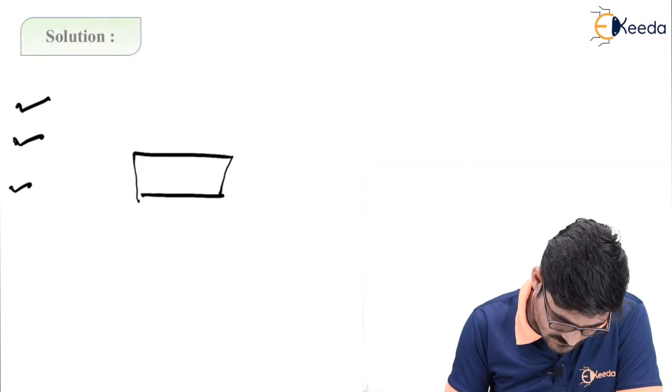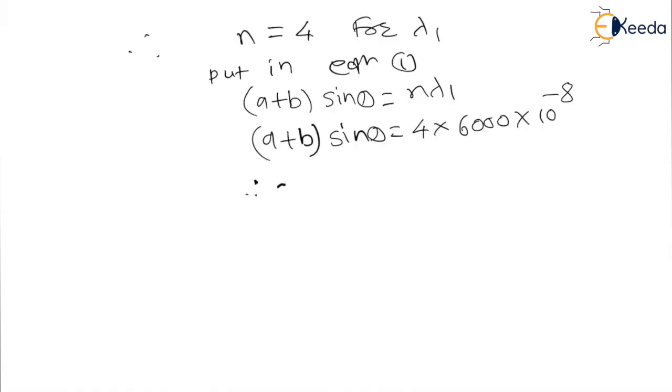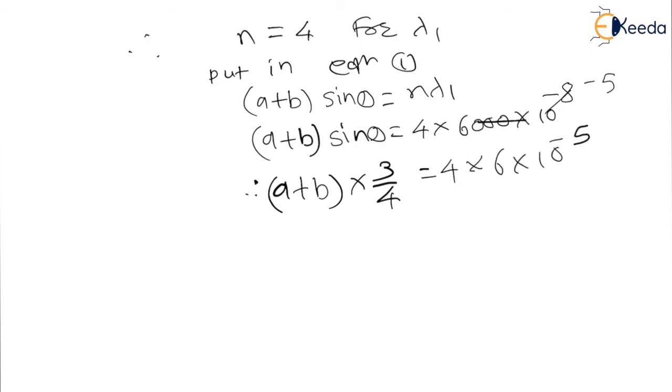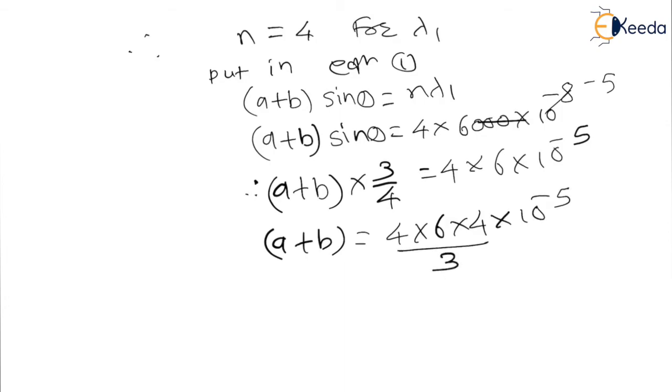Sin theta is 3 by 4, therefore (a plus b) into 3 by 4 is 4 into 6 into 10 raised to minus 5. So a plus b would be 4 into 6 into 4 into 10 raised to minus 5 divided by 3.